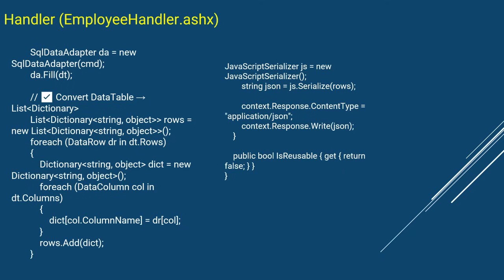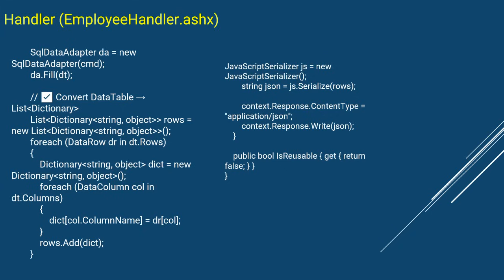A SqlDataAdapter is created using the command, and da.Fill(dt) executes the query and fills the data table. A common pattern for JSON serialization in older ASP.NET handlers is shown, converting the data table into a list of dictionaries.